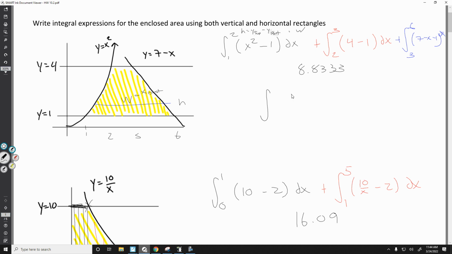The height being a small change in y. My width being a right x minus a left x. Okay, well, the right equation is this line, so I guess it's the 7 minus x that goes first. The left equation is the curve, so I guess it's the x squared that goes second.